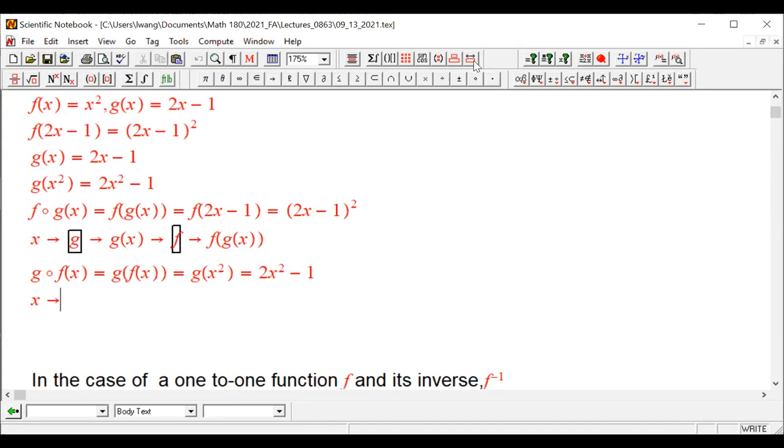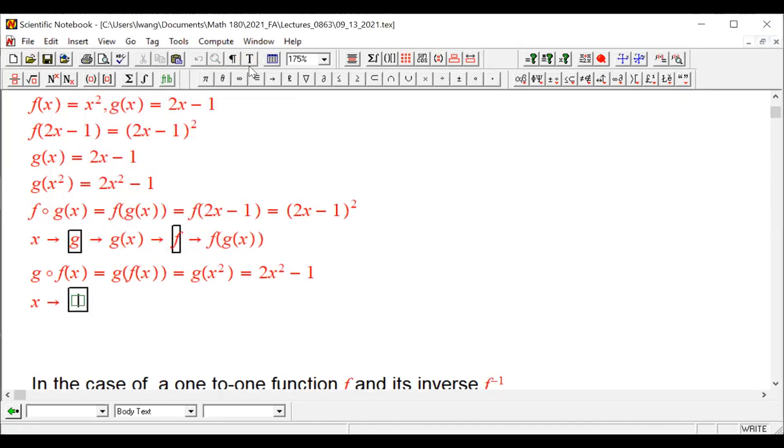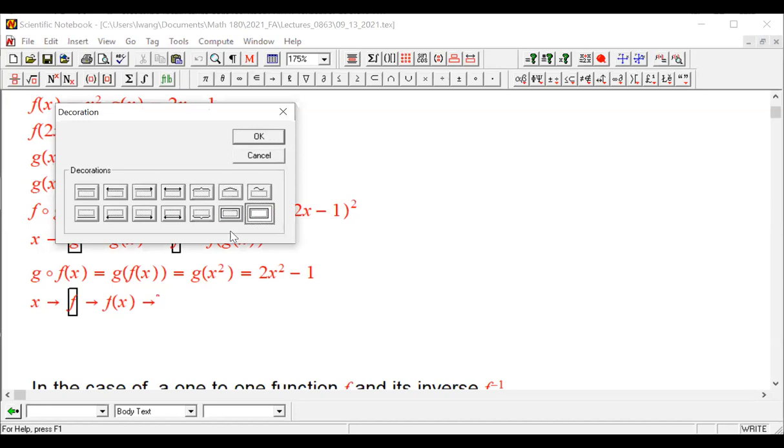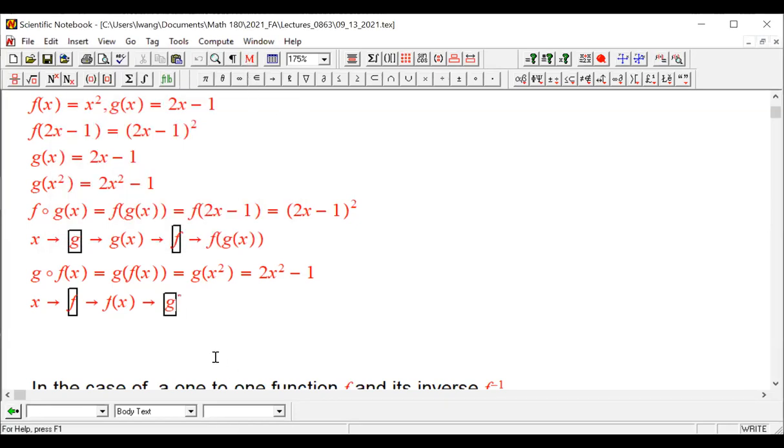So the F rule applies to X first, and then it produces an output, F of X. This F of X is served as input to the G machine. It produces an output of G of something, G of F of X, because the input to G was F of X.